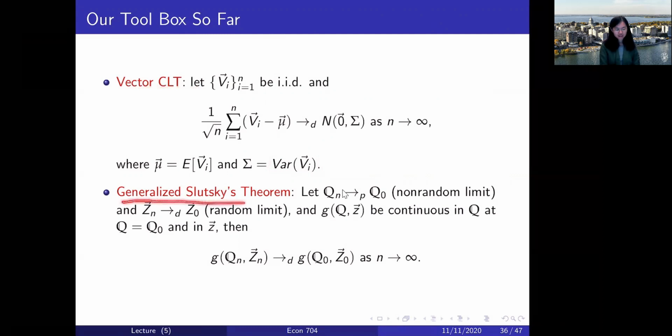What is the generalized Slutsky theorem? It basically says continuous functions preserve convergence in distribution in some restricted sense.